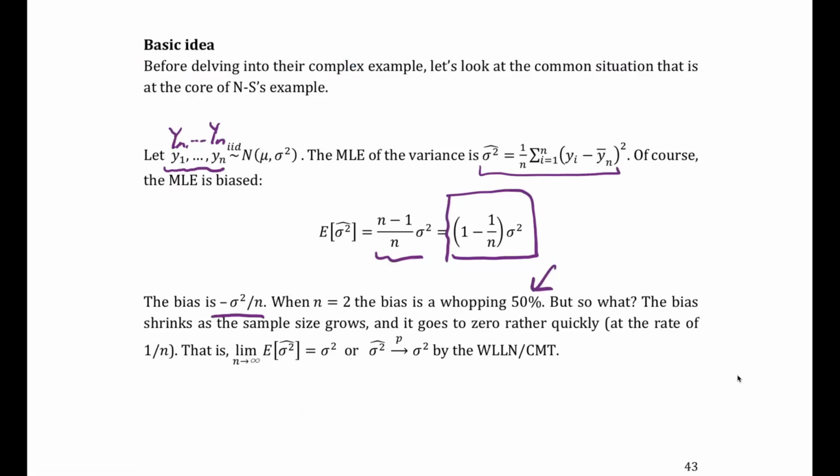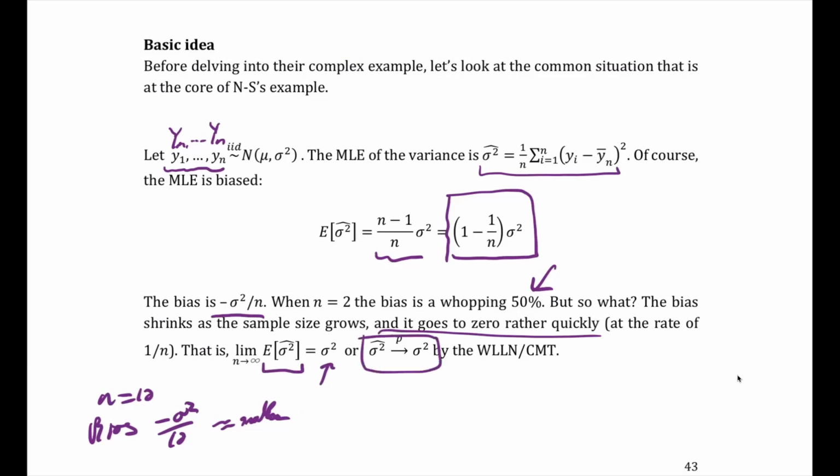But so what? The bias shrinks as the sample size grows, going to 0 rather quickly at the rate of 1 over n. So when n equals 10, the bias is minus sigma squared over 10, which is starting to get smaller. And we know that the limit of the expected value is sigma squared, that it's going to end up in the right place because the bias is going to 0.